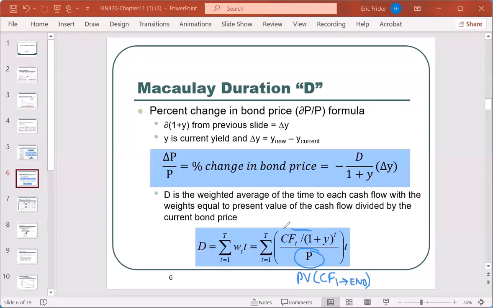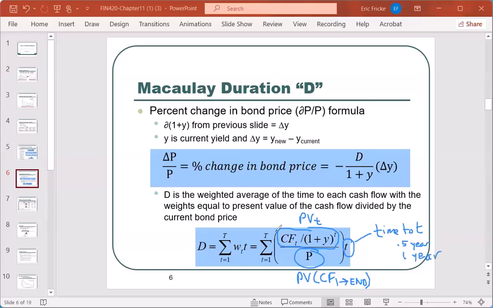This right here is the present value of just one cash flow, okay? And this right here is the amount of time to that cash flow. It could be half a year. It could be 1 year.